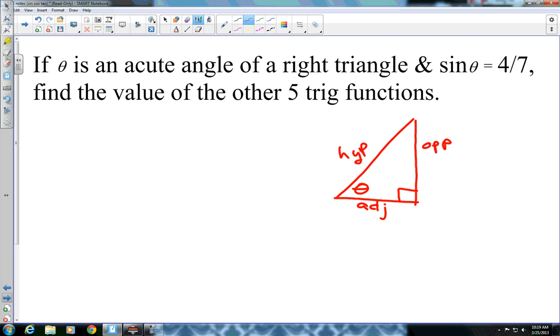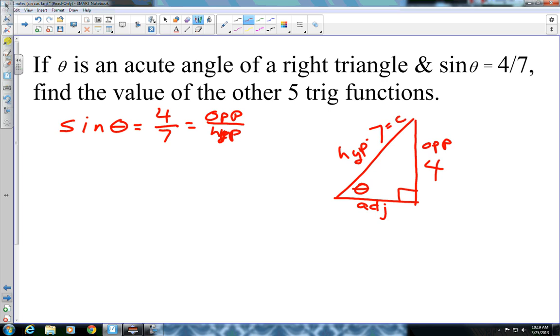Since the sine of theta is 4 over 7, and that is opposite over hypotenuse, my opposite I'm going to label with a 4, my hypotenuse with a 7. So now I know two sides of my triangle. I can find the third side.